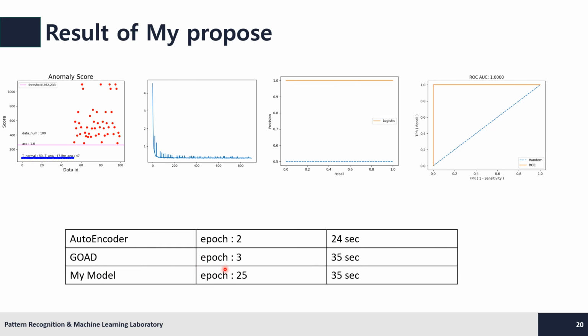GOAD took only 3 epochs until the F1 score became 1 for the test dataset, and it took 35 seconds for 25 epochs. My model took 25 epochs until the F1 score became 1 for the test dataset, and it took 35 seconds for 25 epochs.